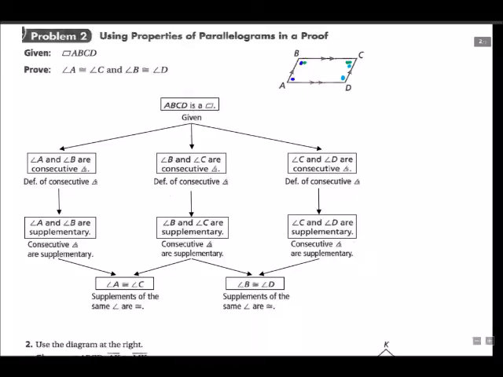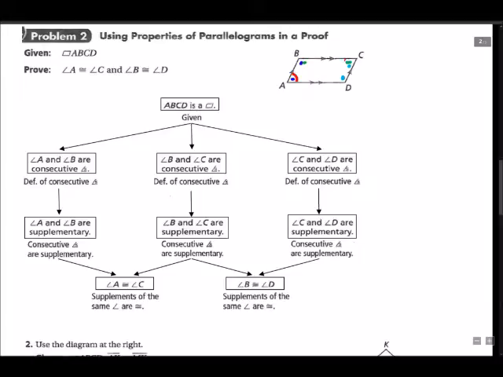I also know that A and B are supplementary because it's a parallelogram. B and C are supplementary. C and D are supplementary because it's a parallelogram, because consecutive angles are supplementary. So what can I say if A and B are supplementary and B and C are supplementary? What has to be true?